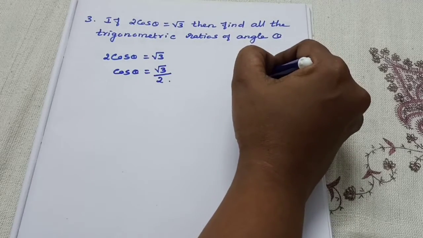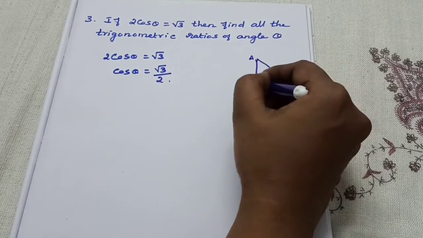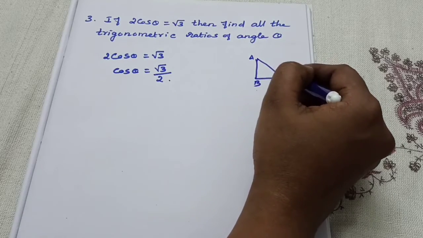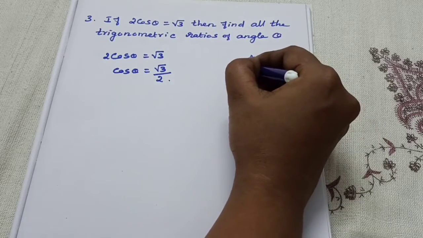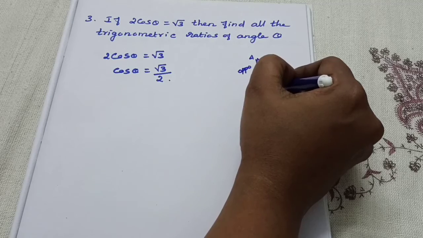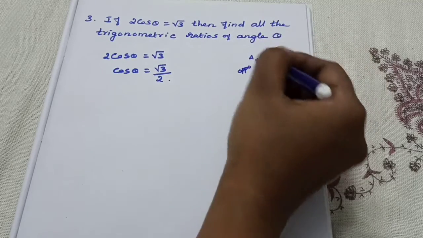Okay, first you draw the right angle triangle. This one A, B, C means, suppose this is an angle. C is an angle means, which is the opposite side? This is the opposite side. And then this is the adjacent side. This is not the hypotenuse.